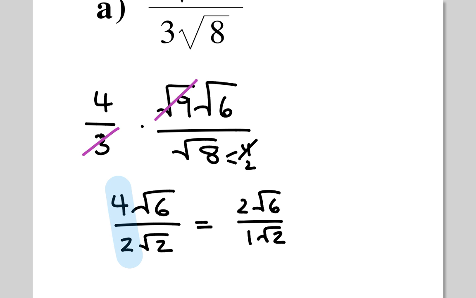Cool on that? Questions so far? Should we keep going on that one, or are we done? Keep going. Can't you divide 6 and 2? Good question. What do you guys think? What's it going to be? 2 root 3? Final answer? Beautiful.